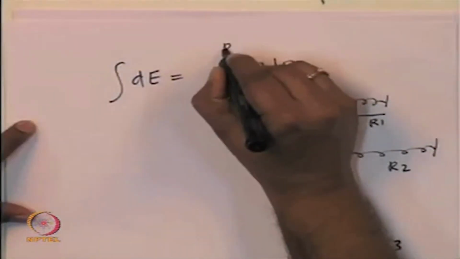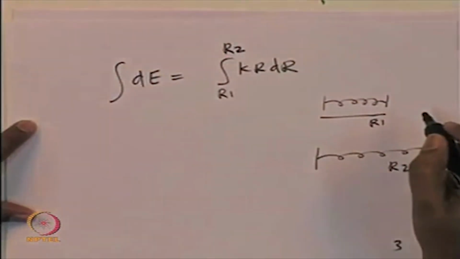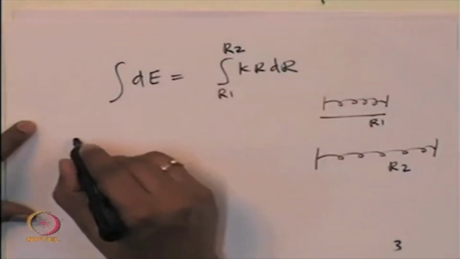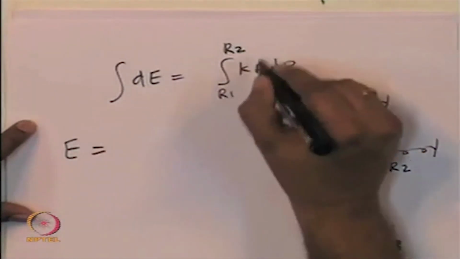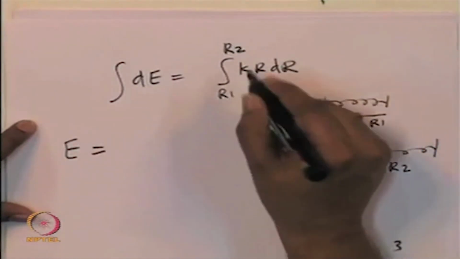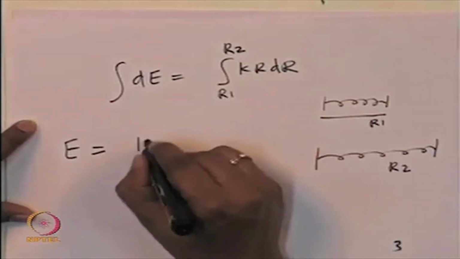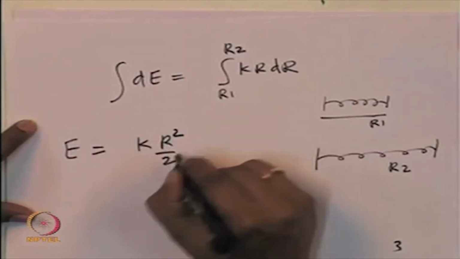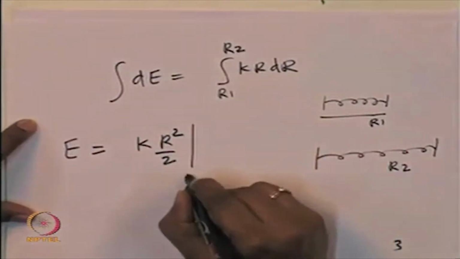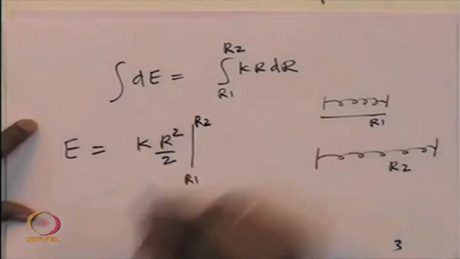Then this integral goes from r1 to r2. So this is energy, and here, k r square by 2, now in the limits r1 to r2.